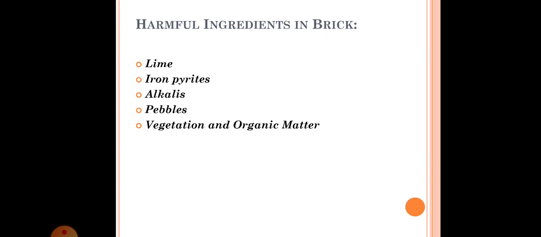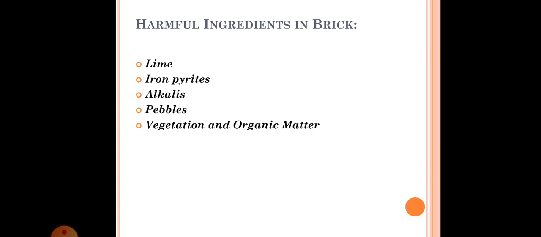And also the bricks that contain pebbles cannot be broken into regular shapes as per the requirement. So whenever we construct a wall, at some point we have to cut the bricks into different shapes. When there is presence of pebbles, or if the brick is porous, we cannot cut the brick into the desirable shapes.